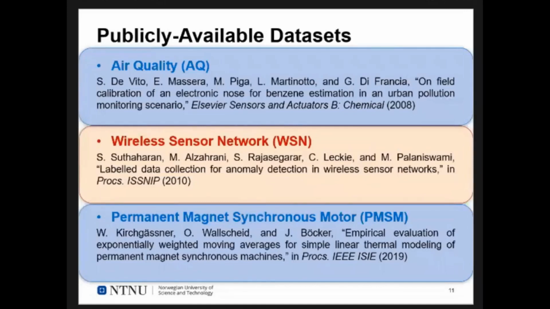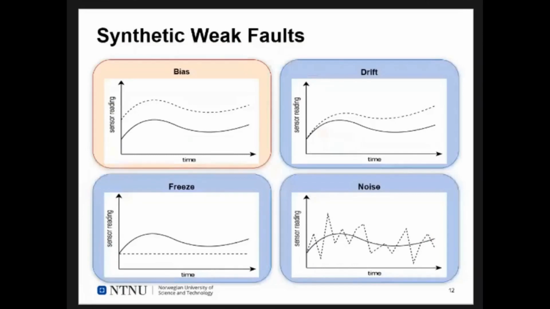The journal paper, with the first proposal, was tested on 3 datasets that are publicly available: one on air quality measurements, one on wireless sensor network measurements, and one on a synchronous motor. While in the work for the Sensor conference, which is only 3 pages, for space reasons we just selected performance on one dataset. The measurements are coming from real measurements.